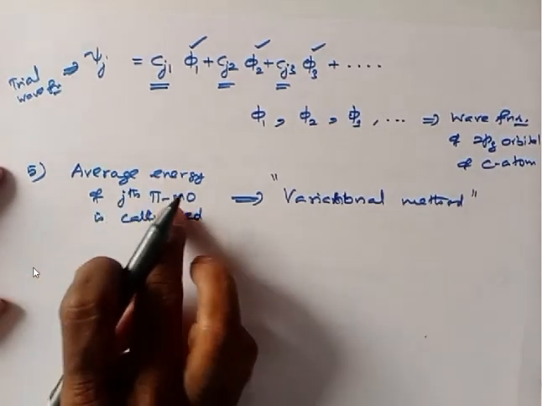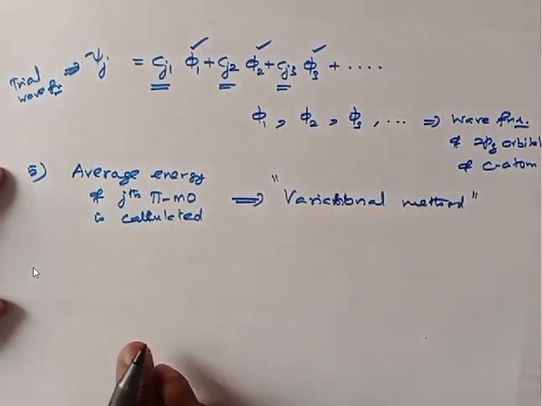The average energy of the jth molecular orbital is calculated using the variational method.